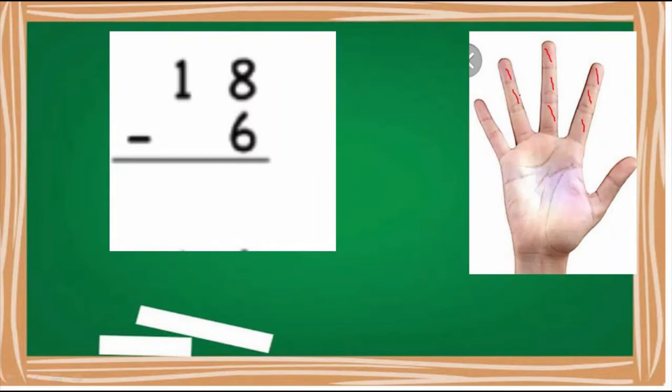Do it with your other hand. Okay. 1, 2, 3, 4, 5, 6. Stop now. Now again look at your hand, my dear. How many fingertips are remaining there? Count it. 1 and 2.